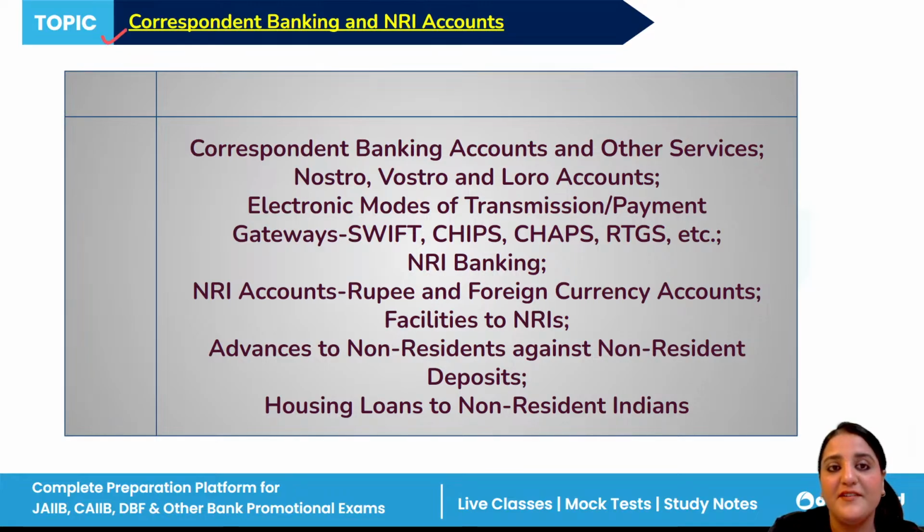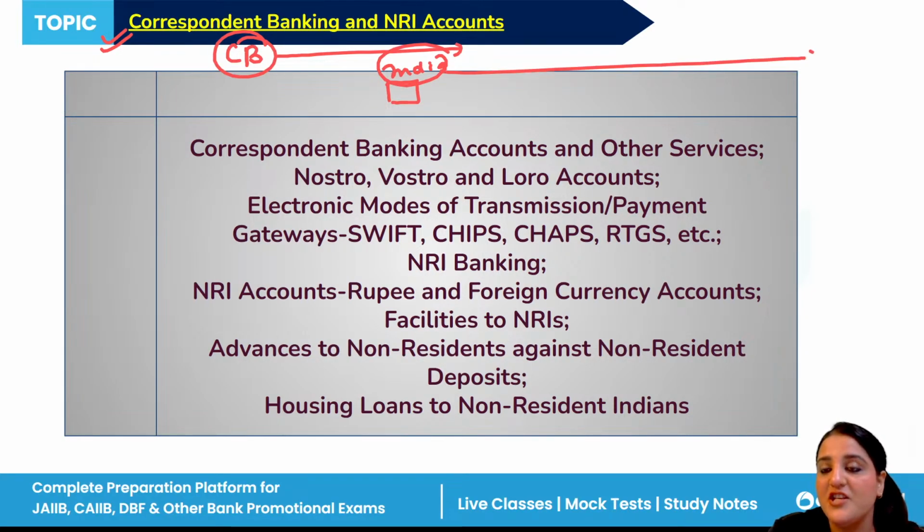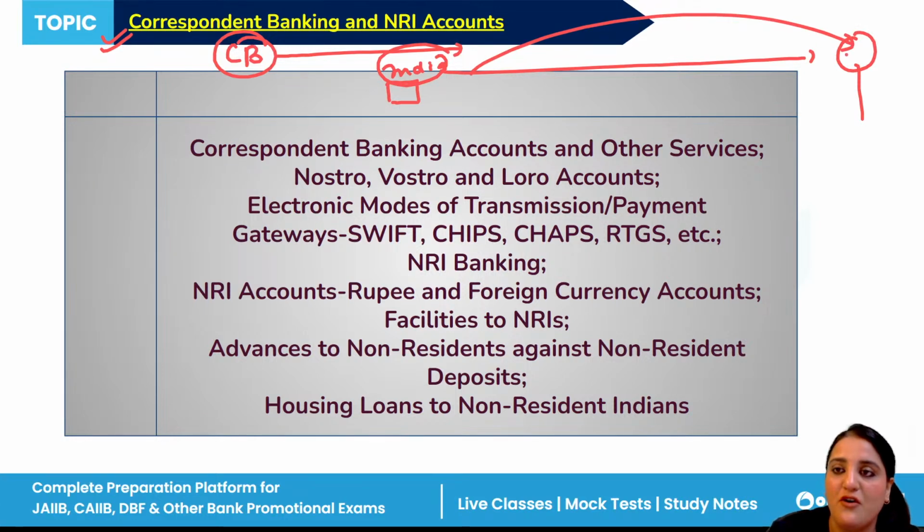Then we have correspondent banking. What is correspondent banking? If a bank in India does not have a branch in another country where it has a customer, that bank will contact a bank of that country and say, you provide services to my customers, and I will pay you a fee.